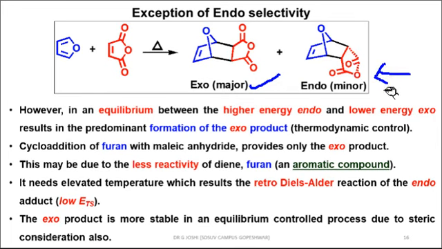The best known example of such exo selectivity is the reaction between furan and maleic anhydride. Furan, which is an aromatic compound, is less reactive.